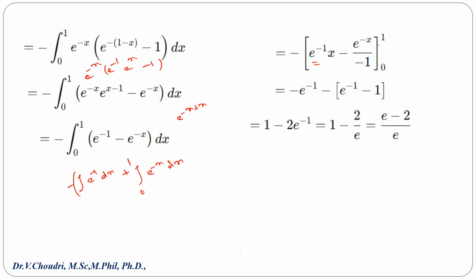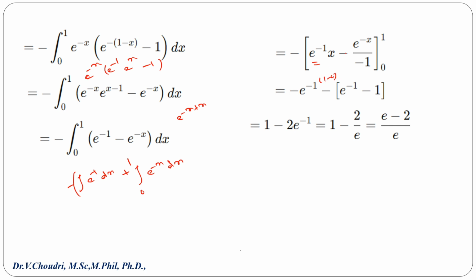So listen here, the integration of e power minus x is e power minus x divided by minus 1. As usual, apply the upper limit and lower limit: e power minus 1 and e power minus 0, whose value is 1. So multiply the minus here, minus into minus is plus. Here the x values, upper limit 1 minus 0, so there is no change, only 1.